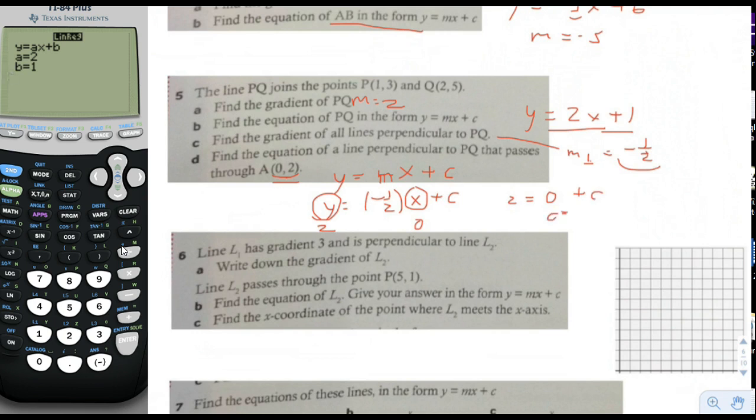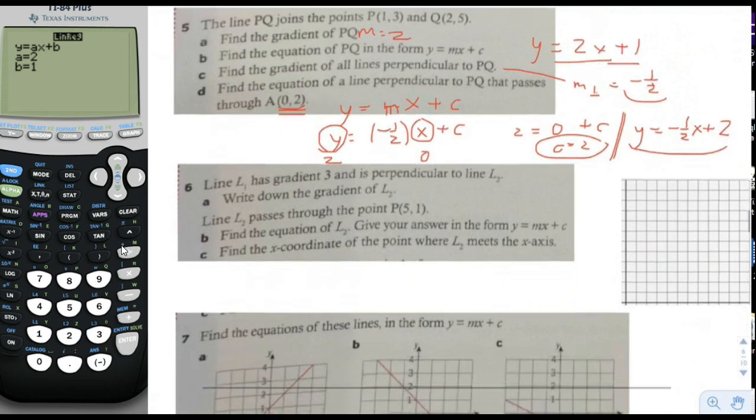Oh look, c is equal to 2. Actually 0, comma 2 is a point on the y-axis, and c is the y-intercept. So that makes sense that c equals 2. Okay, so the equation is going to be y equals negative 1/2 x plus 2. We need to put the y and the x back into it because without the y and the x, it's not the equation to a line. Okay, so that's the final answer.